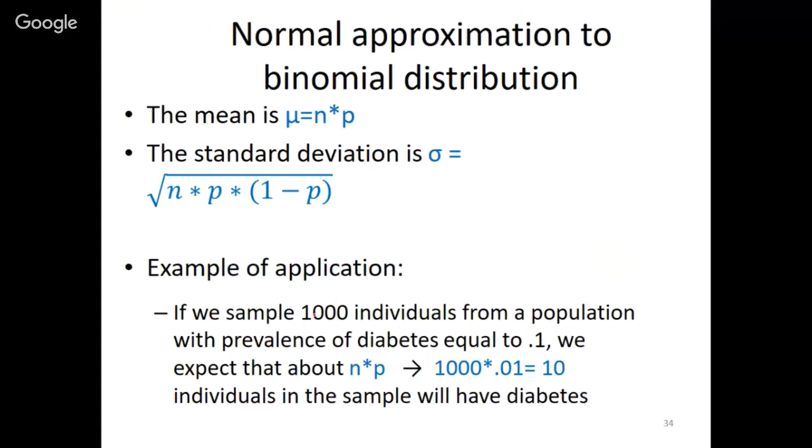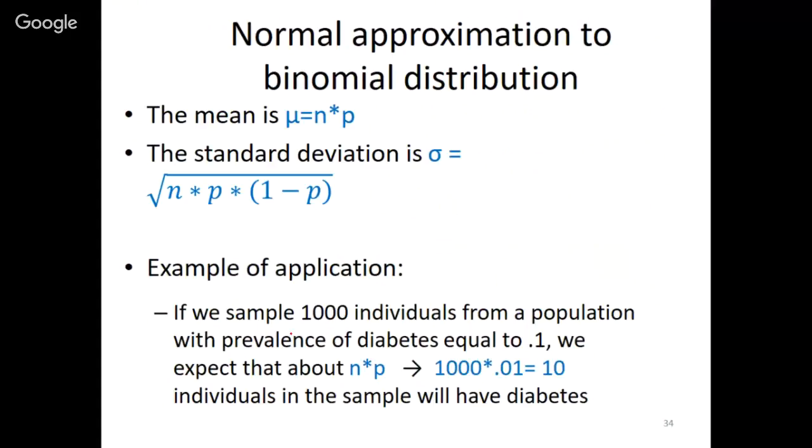This comes in really handy when we're talking about large samples, like 1,000 individuals. At this point, doing the exact calculation would be really problematic because you'd have to take a factorial of 1,000, which probably causes an error in your computer.